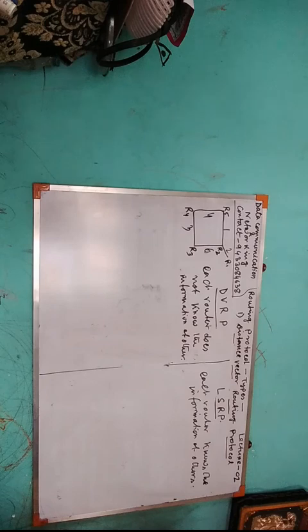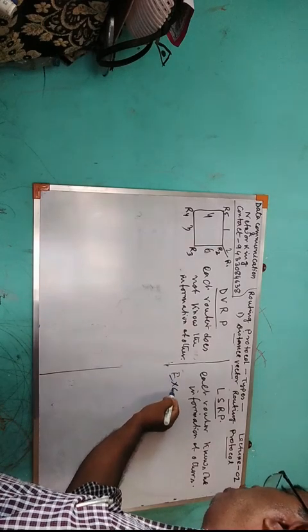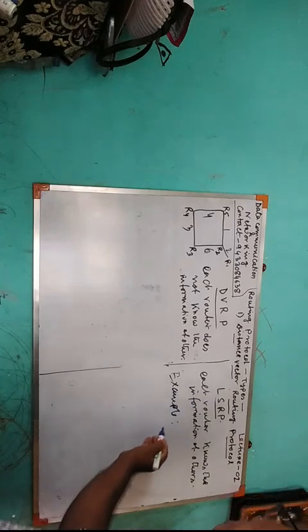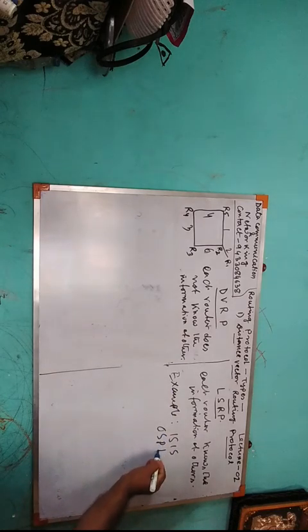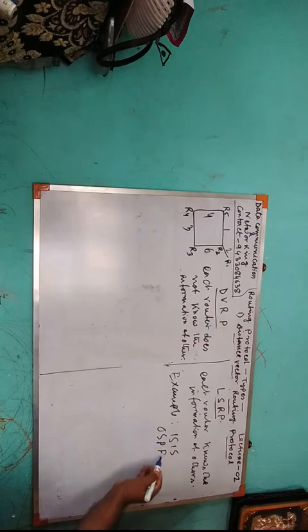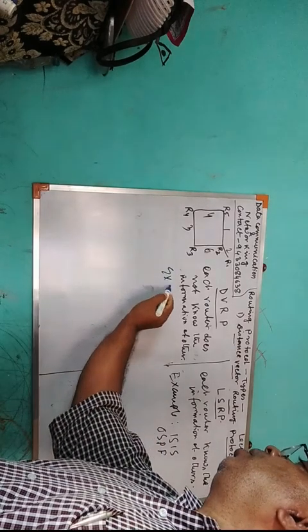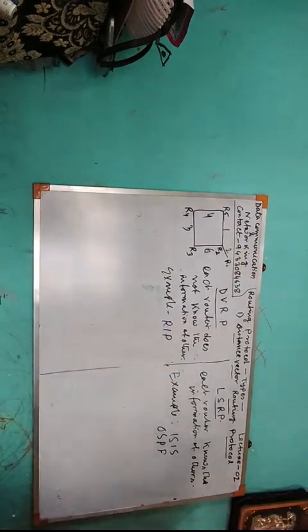Another point I can write is the example. A popular example is IS-IS, and I already discussed OSPF, that is Open Shortest Path First. Here the examples are RIP, that is Routing Information Protocol, and IGRP.